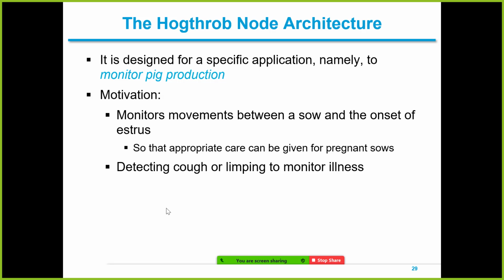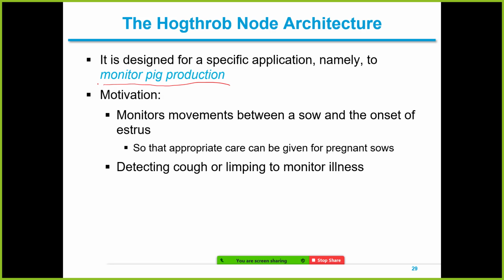So the third wireless sensor node is the hot probe node architecture. This wireless node is designed for a specific application, that is to monitor pig production.